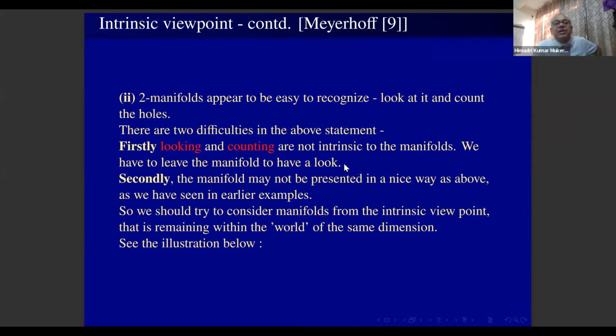That's why we can make a torus or 2 hole torus and see it from a 3rd dimension, isn't it? So it is not intrinsic. Secondly, the manifold may not be presented in a nice way as above, as we have seen in earlier examples.